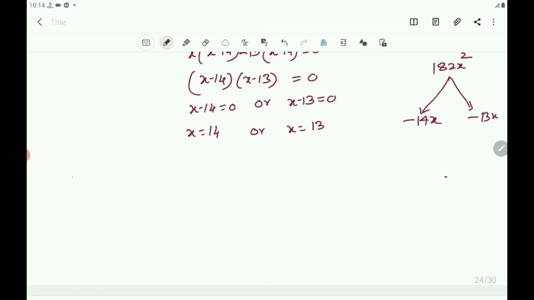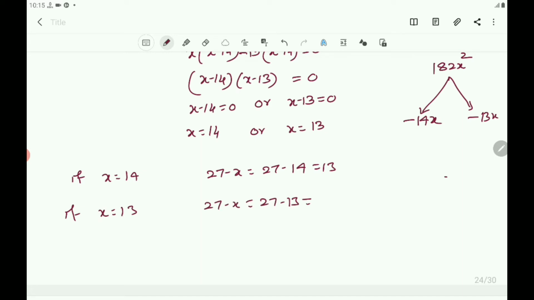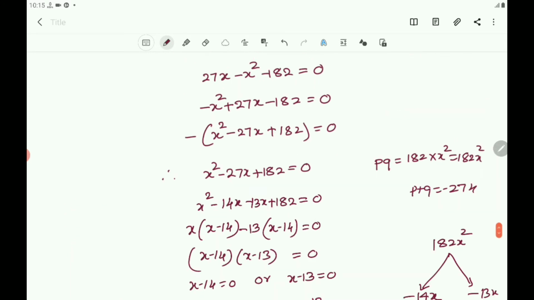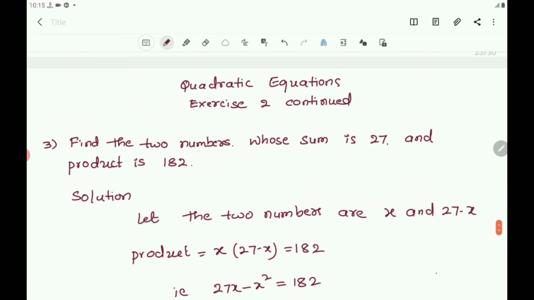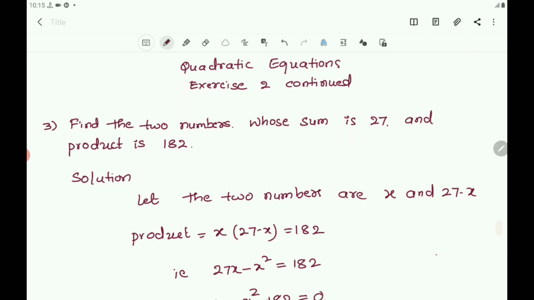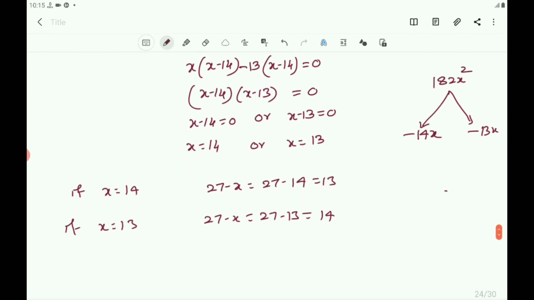So you write, if x equals 14, 27 minus x equals 27 minus 14, that equals 13. If x equals 13, 27 minus x equals 27 minus 13, that equals 14. So the two numbers are 13, 14 or 14, 13.